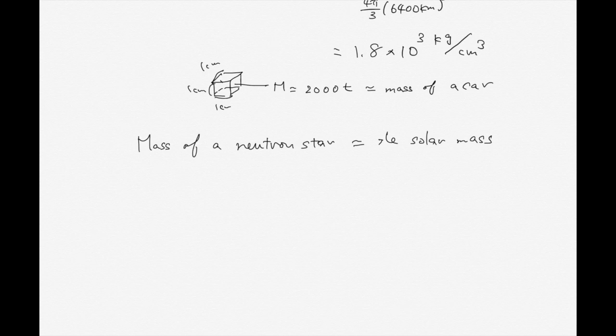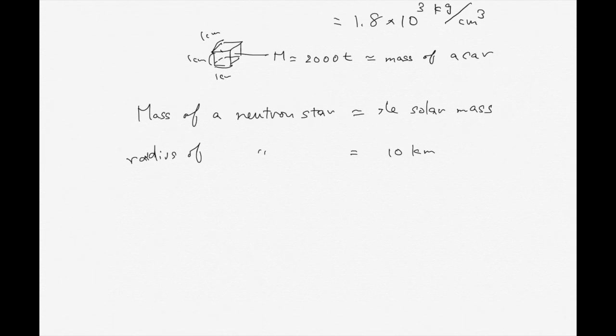And the radius of a neutron star is about 10 kilometers, the size of a city. Then we could calculate the average density of a neutron star.